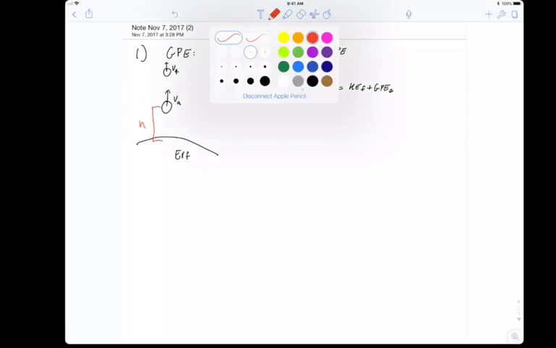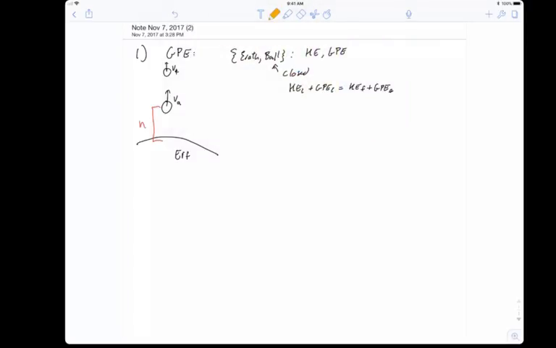The trick to this is to look at the kinetic energy of the system. We know exactly how much the kinetic energy changes. We know how the speed changes, right?